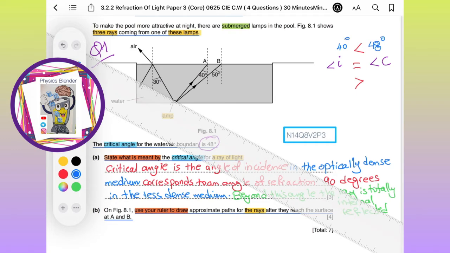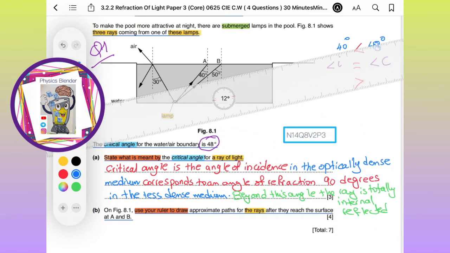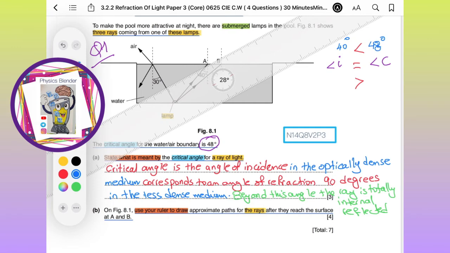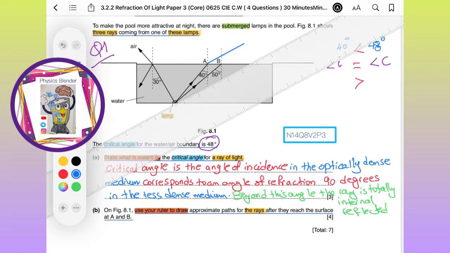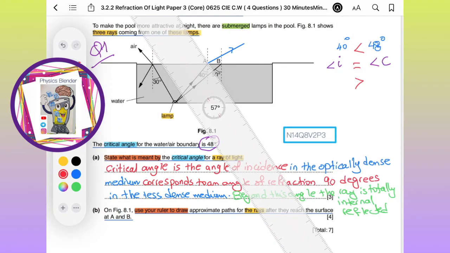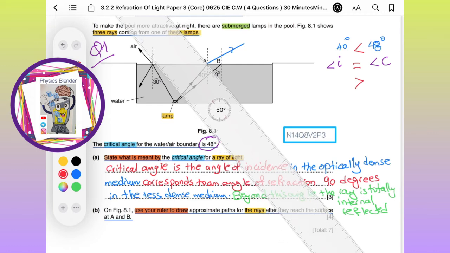So the ray will be refracted in air away from the normal. The angle of incidence here is less than the critical angle, so the ray will be refracted in air away from the normal. So this will be the refracted ray. And in this case, don't forget to draw the weak reflected ray, because we said partially reflected, partially refracted. So at the same angle of incidence 40, you will draw the weak reflected ray.